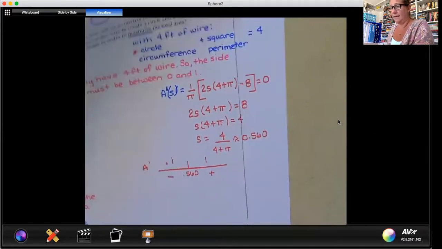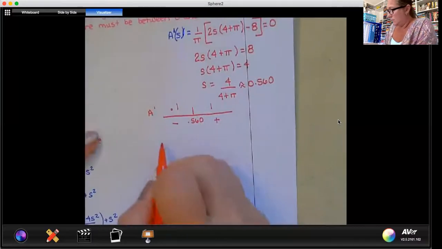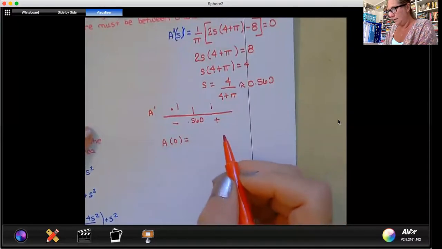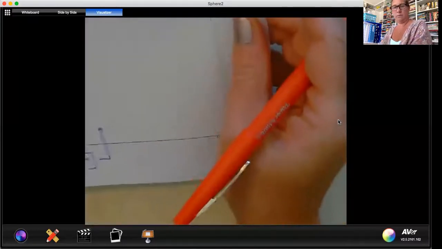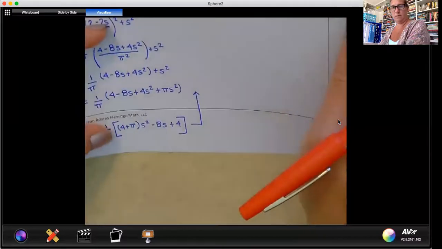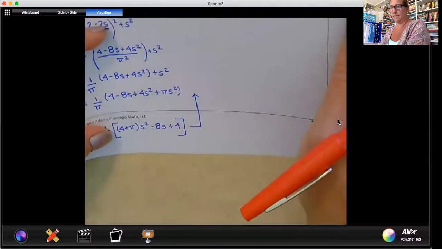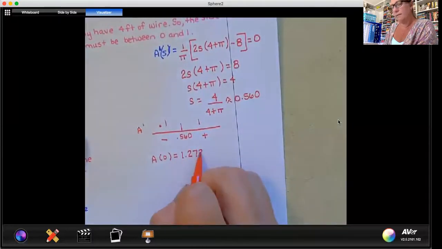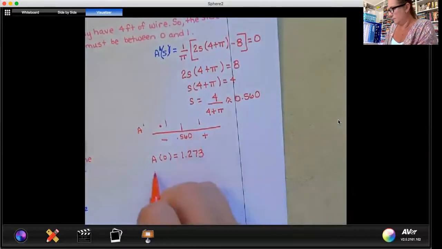We need a maximum. So we're going to go back and look at A of 0. If we plug 0 in for s, you get 1.273. And I'm going to show you how all this works.